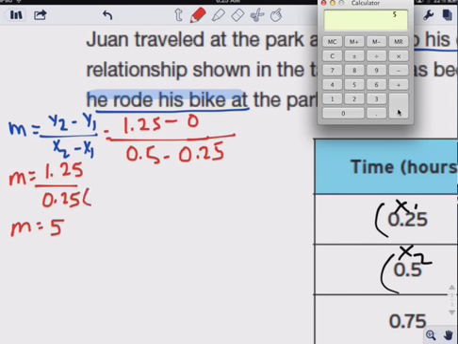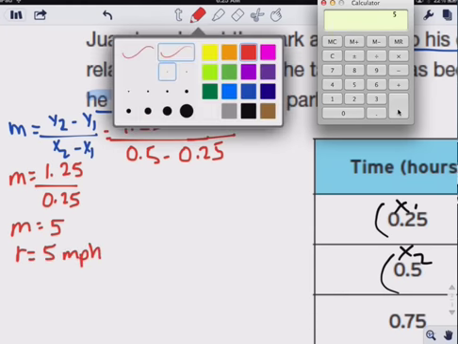Or if you notice, to make 1 times 4, you get the same answer, 1 whole. Okay, like I taught in class. The slope, you don't want it decimal. So you got 5 miles per hour as your rate. Remember, rate is the same as speed.